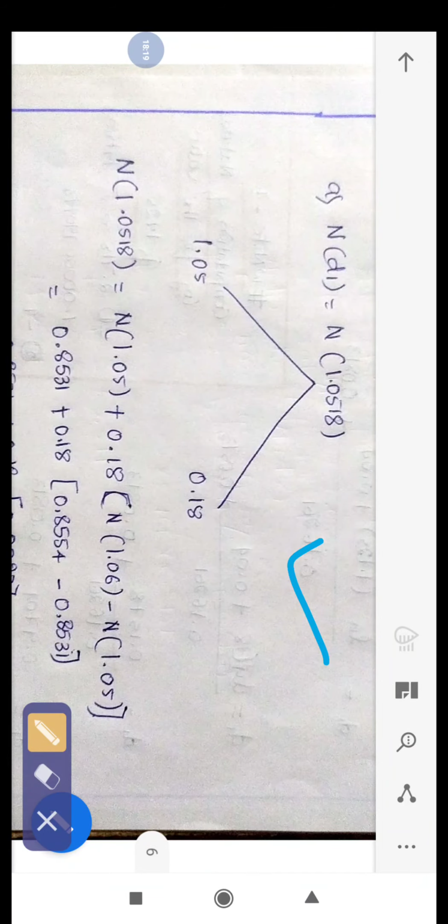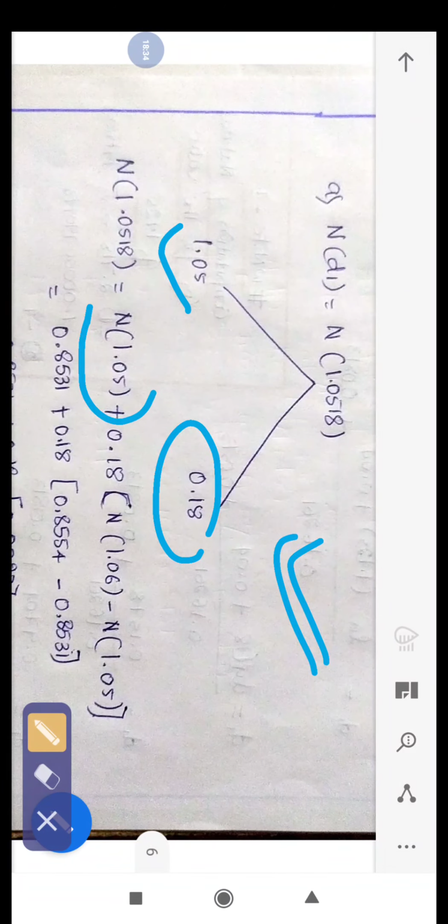for normal distribution, where N of 1.05, this one, plus 0.18, within bracket we have to take the above number, that is the number after 1.05, that is 1.06, and again we have to subtract N(1.05) from it. So this is the method given by the BSM model for calculating the N values.